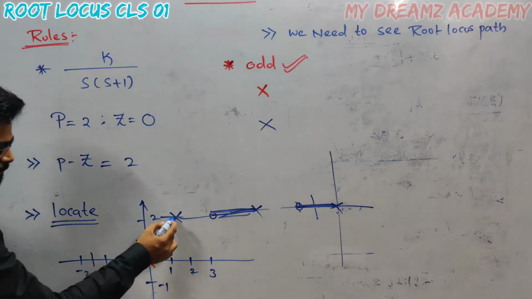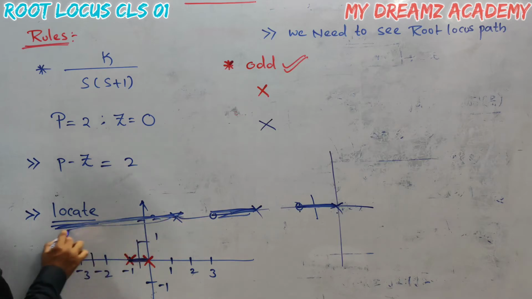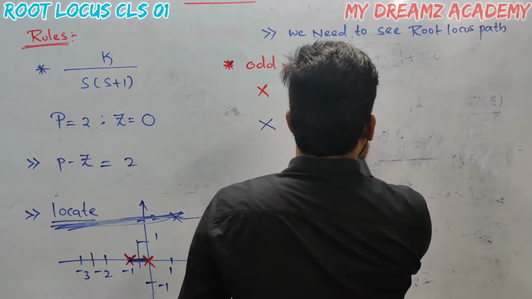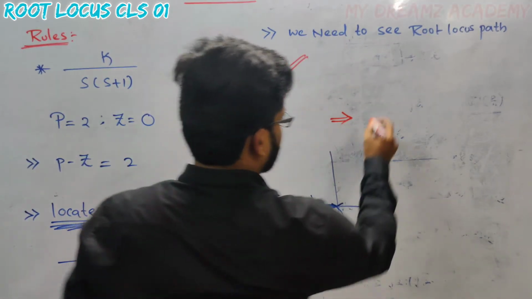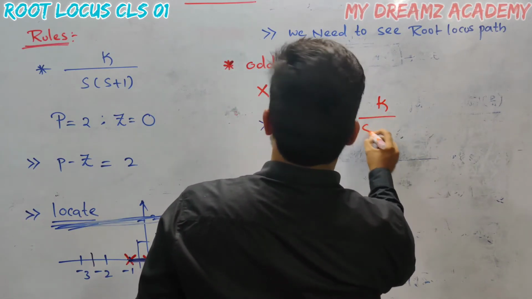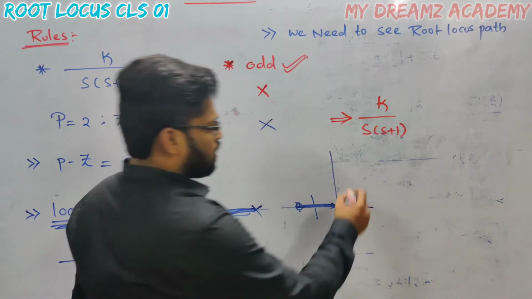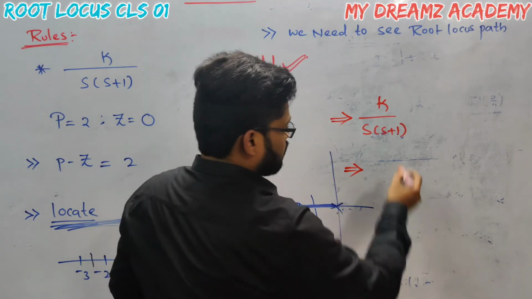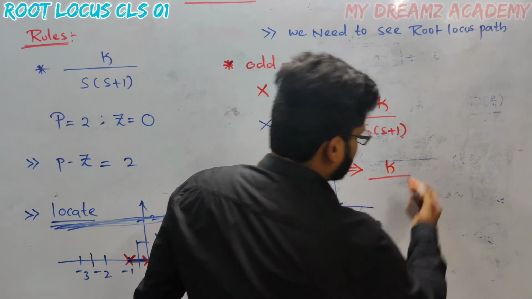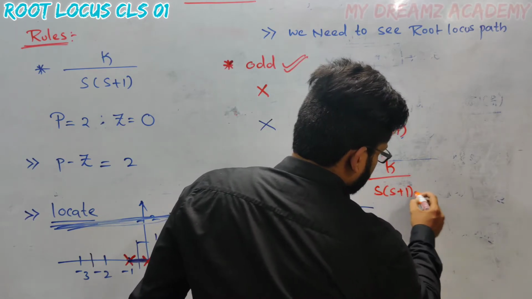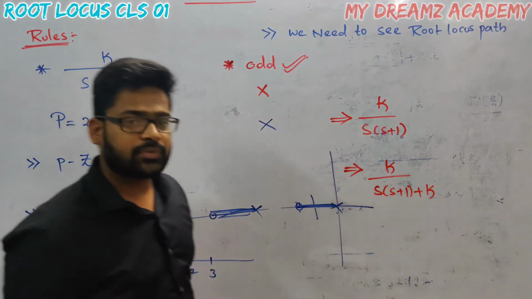Similarly, now let us consider this transfer function k by s into s plus 1, and we convert it into the closed loop transfer function s into s plus 1 plus k.